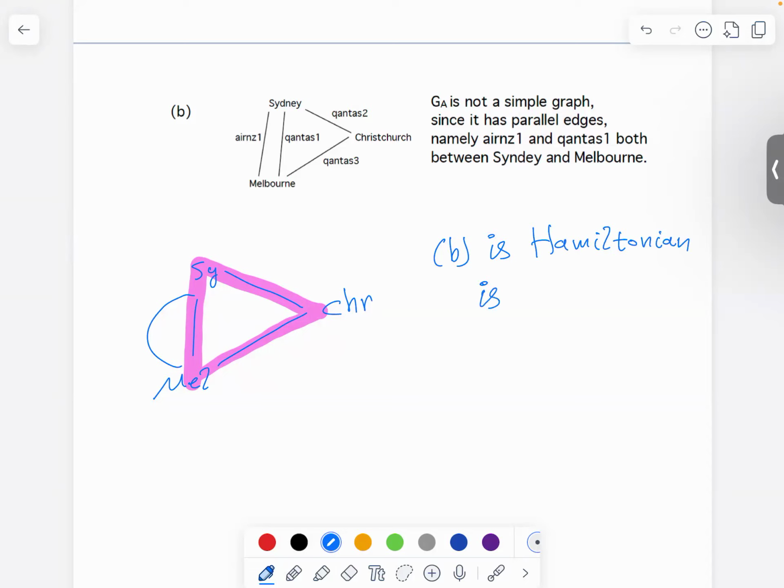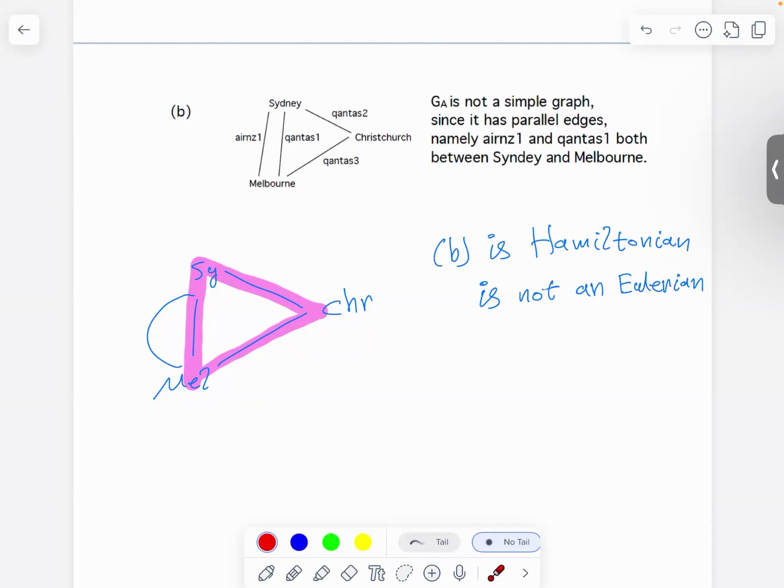But part B is not a Eulerian graph, because if I start, I have to come back here, but this cycle doesn't use this edge, which is a problem for being Eulerian.